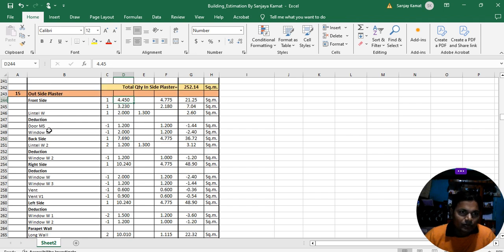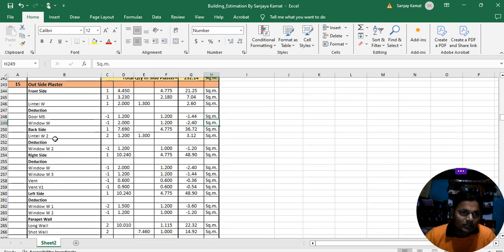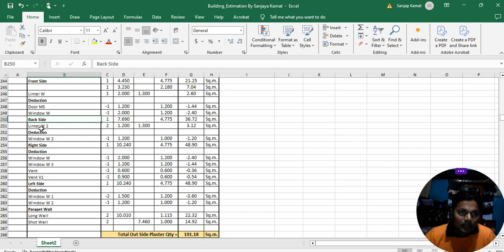Similarly you will do the deduction for the master door, and after multiplying these three terms you will get minus 4 meter square. Similarly you do the deduction, and after multiplying these three terms you will get minus 2.40.